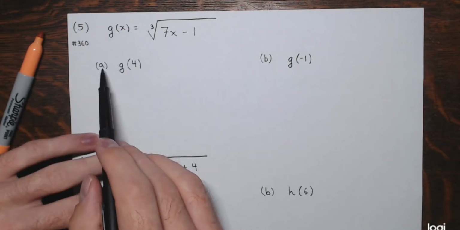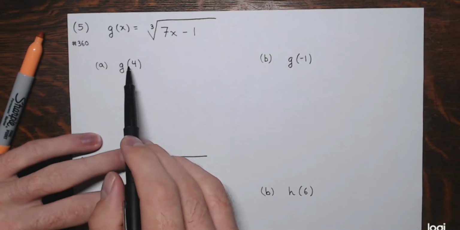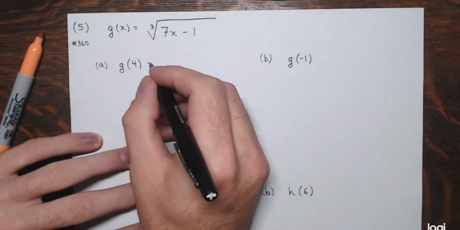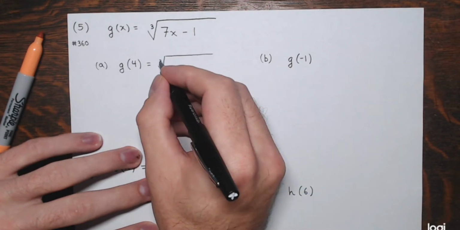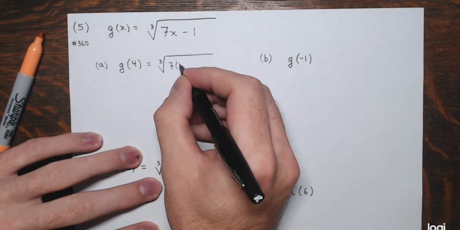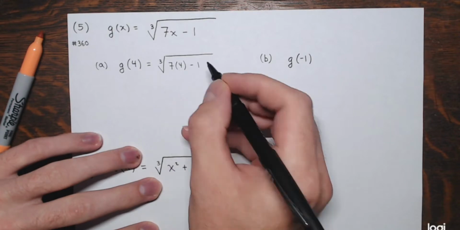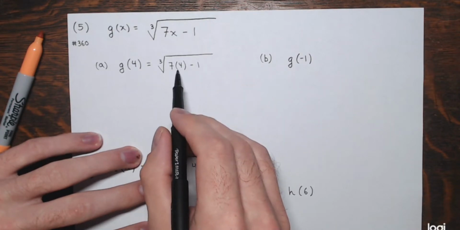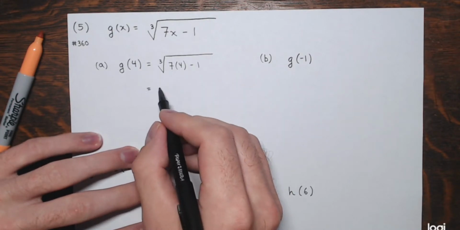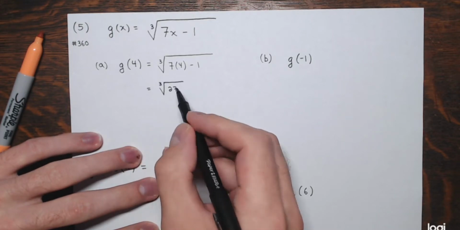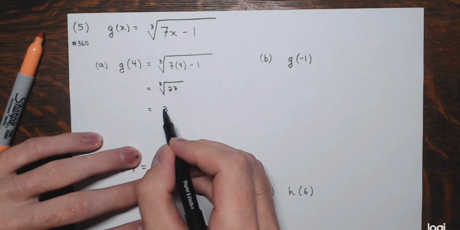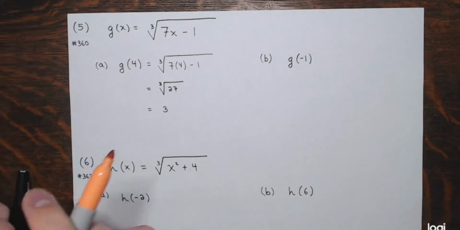Part A, what's the value of function g when the input is 4? So this is the cube root of 7 times 4 minus 1. That's 28 minus 1, so the cube root of 27, which is 3, right? 3 to the third power is 27.